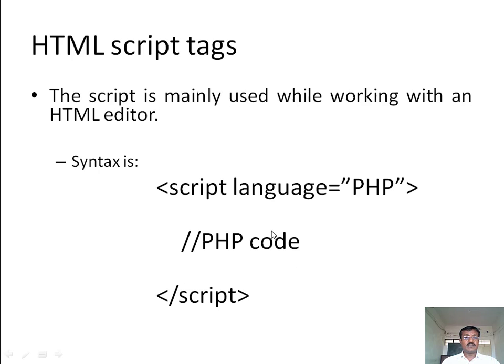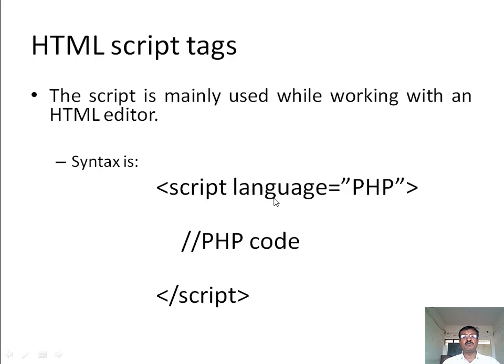Well, and again the HTML script tags. The script tag is mainly used while working with an HTML editor. By making use of the script tag and its attribute called language, we can place the PHP code in a web document. In this style the syntax is like this. It starts with a script tag with an attribute called language.